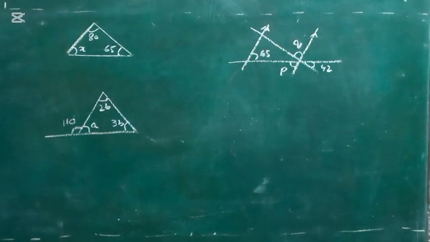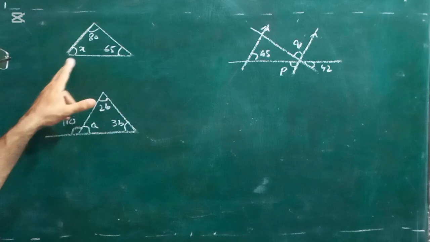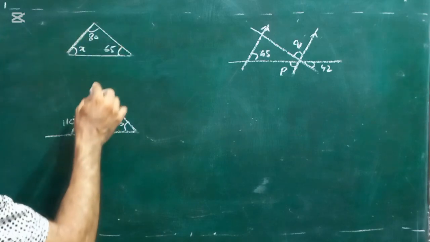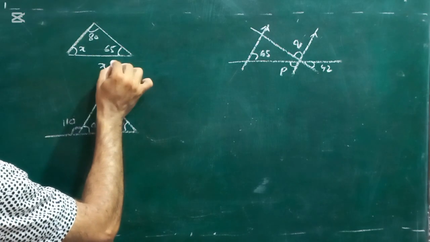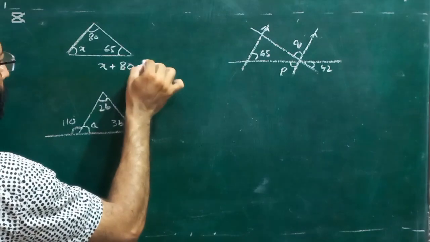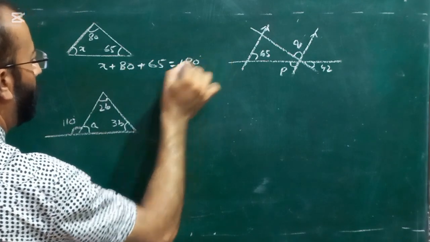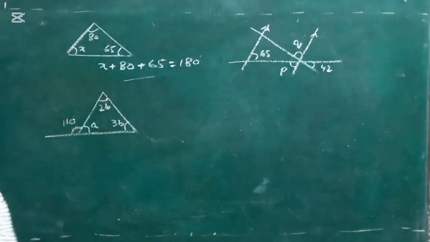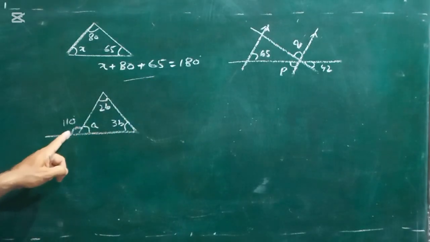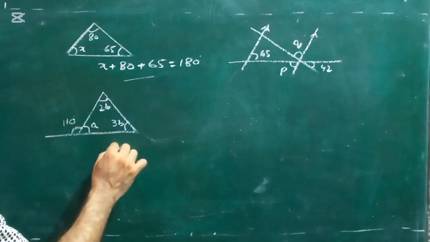Here are some questions on triangles. This is a triangle in which all angles are given. So the sum of the angles will be equal to 180 degrees. Just solve it on the calculator, you will get the answer. Look at this question. This is the exterior angle.